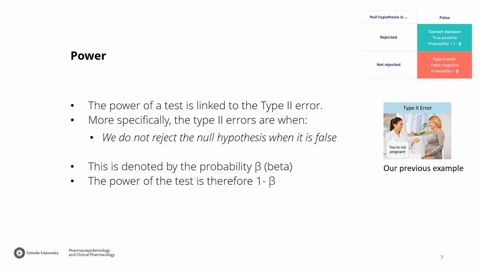The type 2 errors were the false negatives. More specifically, that is when we do not reject the null hypothesis when it is actually false. We usually denote that by the probability beta. And the power of the test is then 1 minus beta. So if beta is typically 20%, then the power will be 80%.